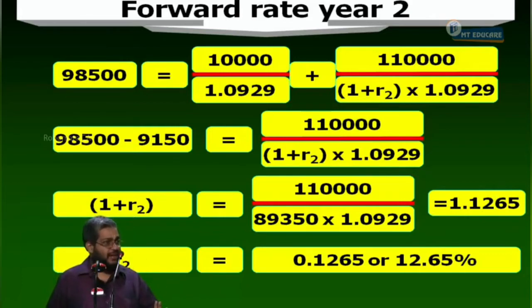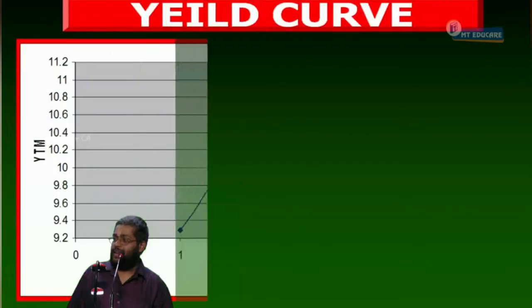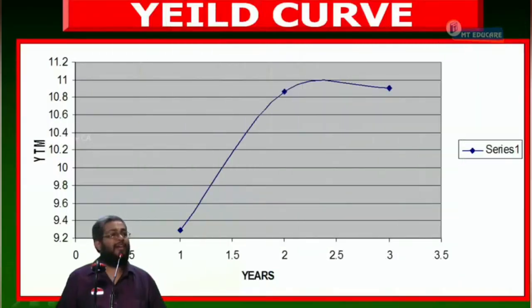Who is asking a question here? Super. Why can't we say 2 times the first year's YTM minus the second year? One minute, look at the diagram. It is a curve, not a straight line. We cannot do interpolation.